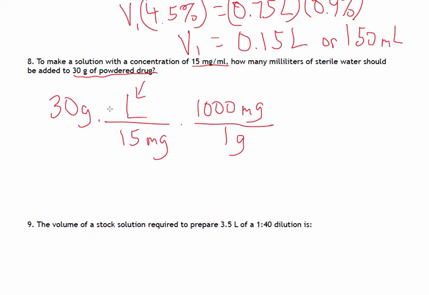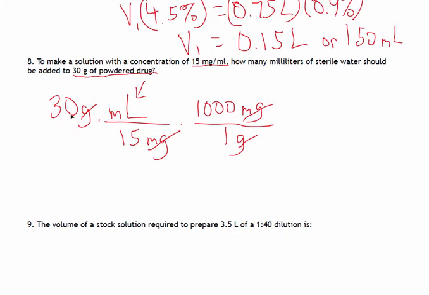Oops, I realized I made a mistake here. The problem gives the information 15 milligrams per milliliter, and I just left that M off there. Okay, so when we solve this, you're going to get milliliters as your answer because the grams cancel out, the milligrams cancel out.